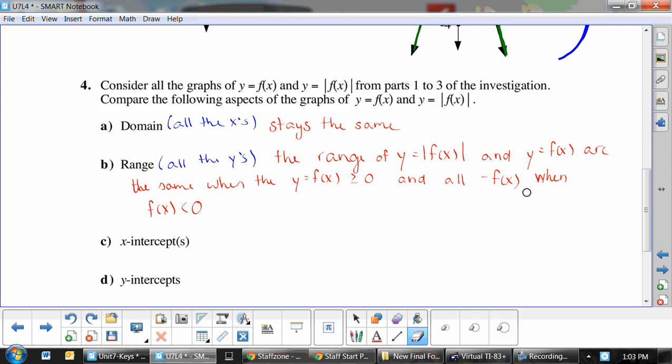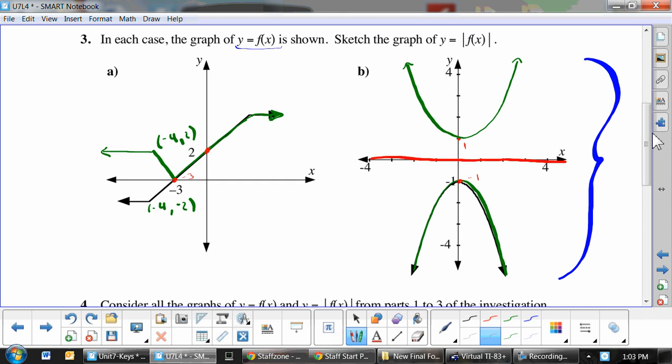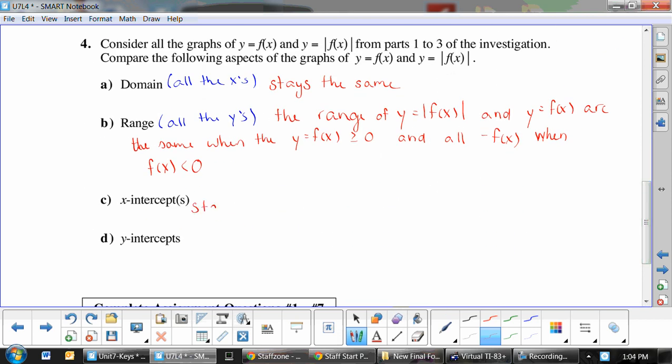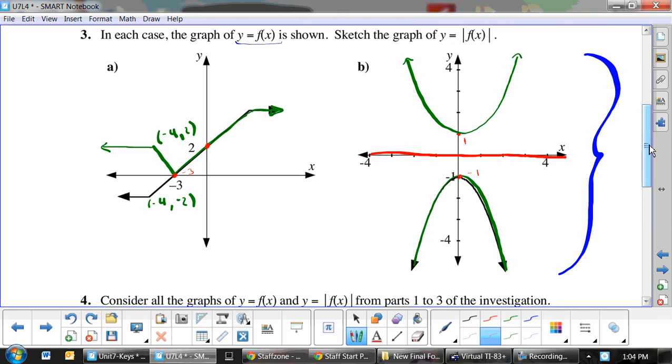Okay? And so for our x-intercepts, what should we write in our notes about that? Absolutely, they stay the same. And then our y-intercepts. What do we know about our y-intercepts? Always?